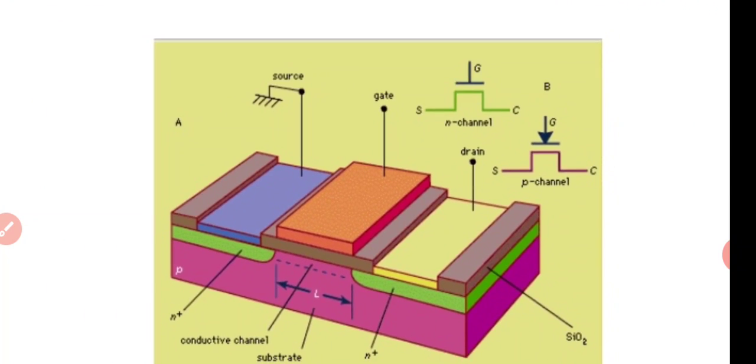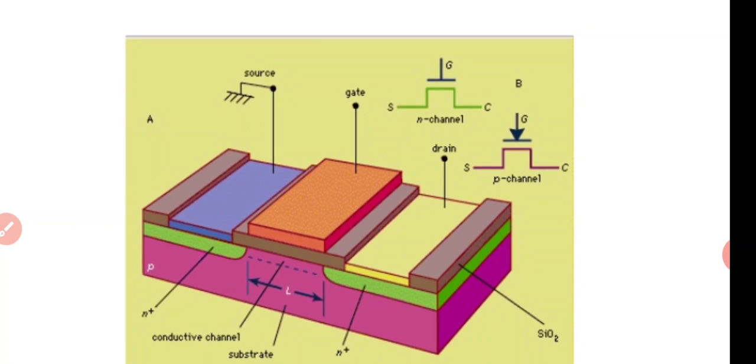MOSFET is a 3 terminal device: source, gate and drain. The source emits the charge, the drain collects the charge, and the gate is for controlling the device.